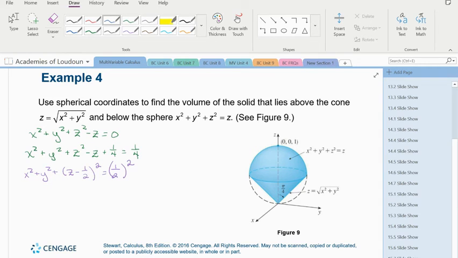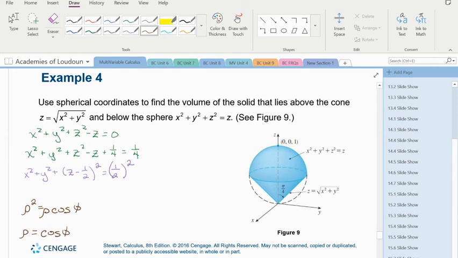We can write the equation of the sphere in spherical coordinates as rho squared is equal to rho cosine phi, or simply rho is equal to cosine phi.